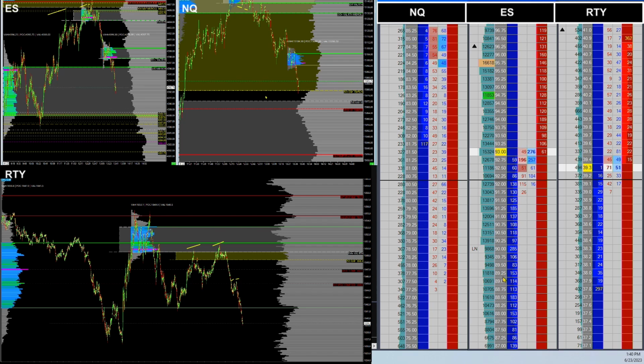This is such a substantial move down. This is such a huge reclaim that if I can catch this, this could be a tremendous trade.